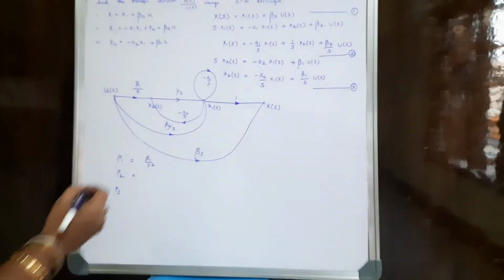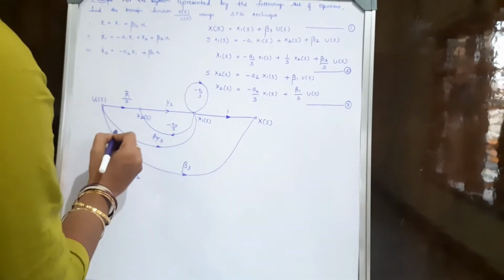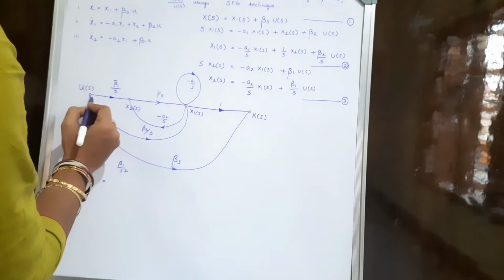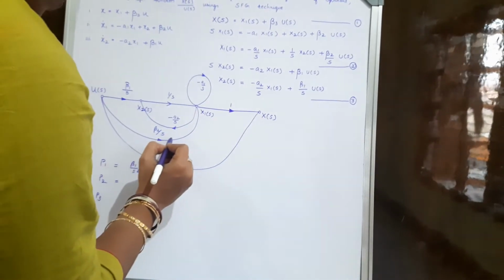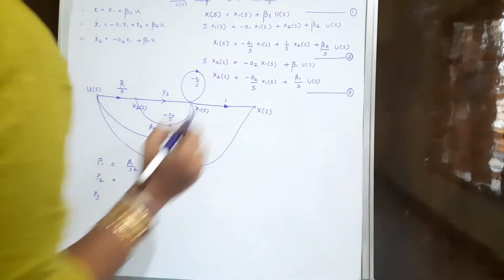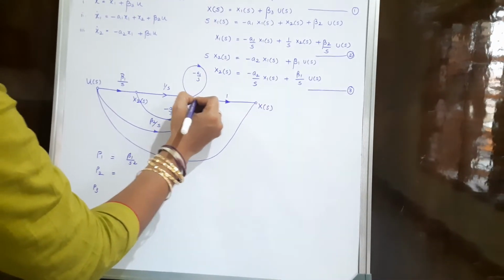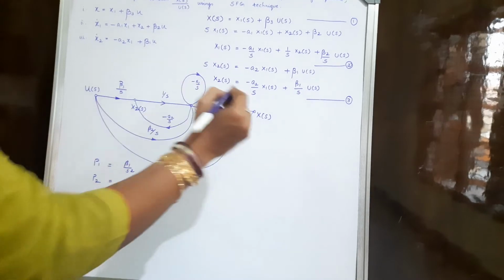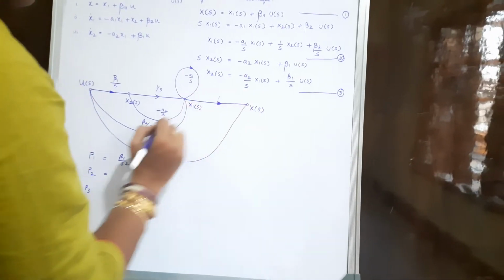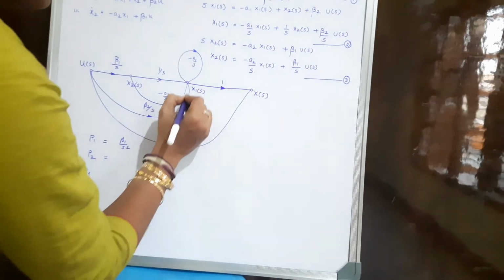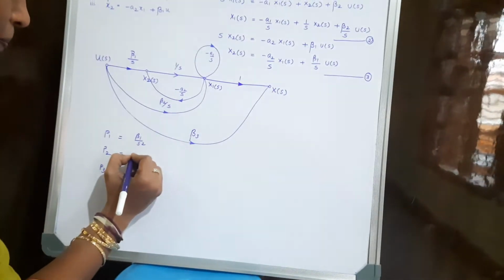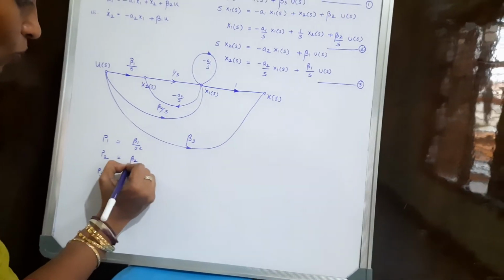The second one, you see here, the second one is this one, that is beta 2 by s into this, because I have just gone only once on this node and then I am reaching the output node. So obviously we can consider this to be another path with path gain being just beta 2 by s.